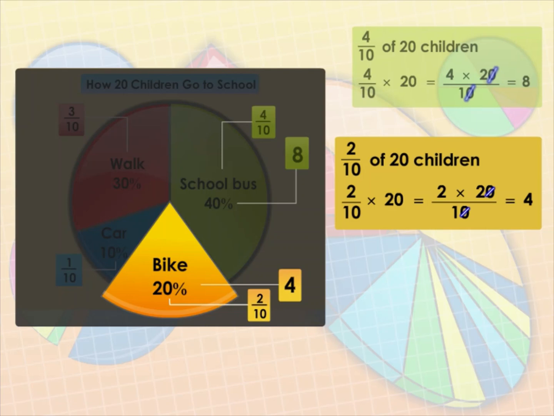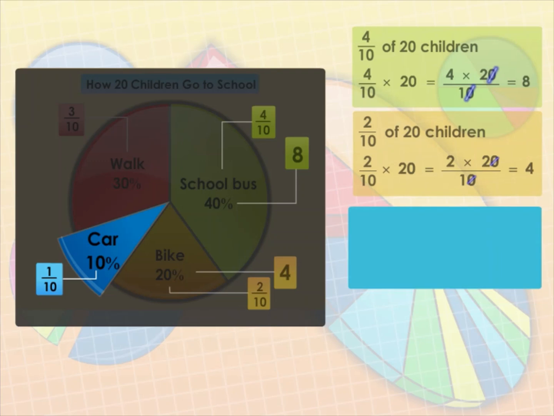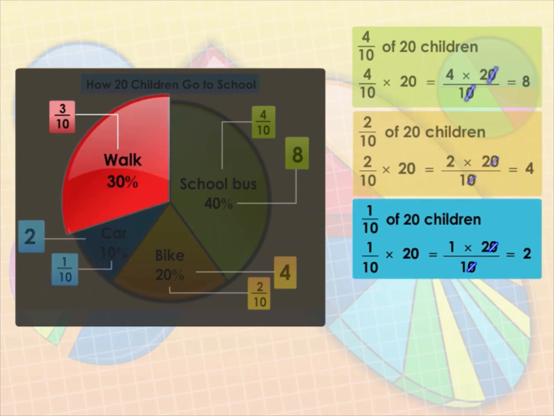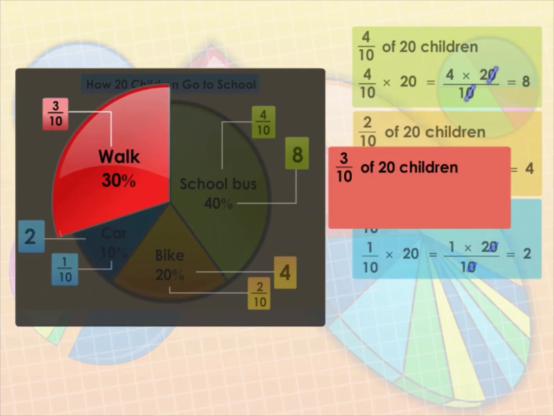So, 4 children cycle to school. 1 tenth of 20 equals 2. So, 2 children go to school by car. 3 tenths of 20 equals 6. So 6 children walk to school.